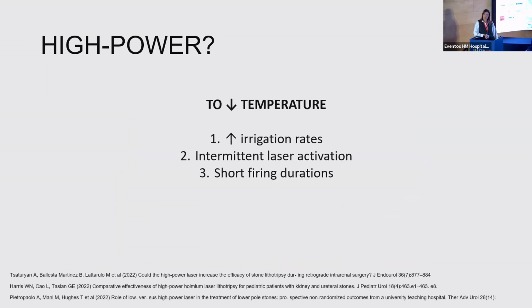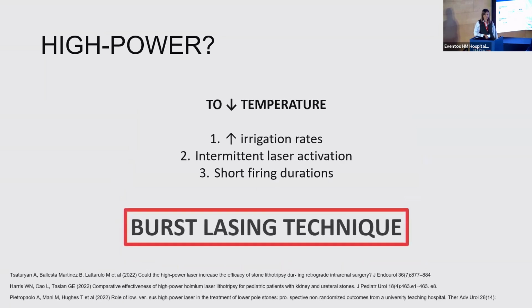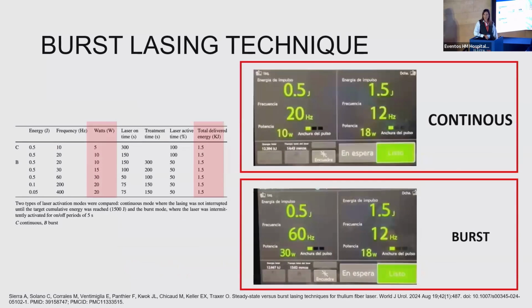This is mentioned in the other 3 papers that were supporting the use of high power laser settings for retrograde intrarenal surgery, in which, to reduce the temperature, they were increasing the irrigation rates, doing intermittent laser activation, and using short firing durations. This is known, as we have seen before, as the burst lasing technique, which has also been studied, as you can see here, with the same total delivered amount of energy between the 2 groups, the continuous and the burst, only by reducing the time that we were activating the laser.